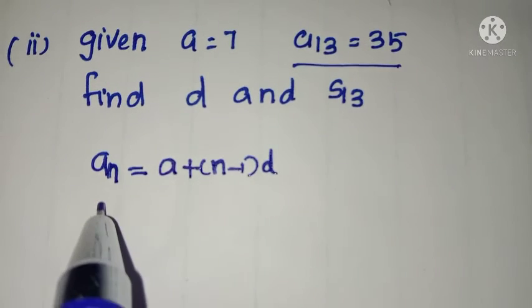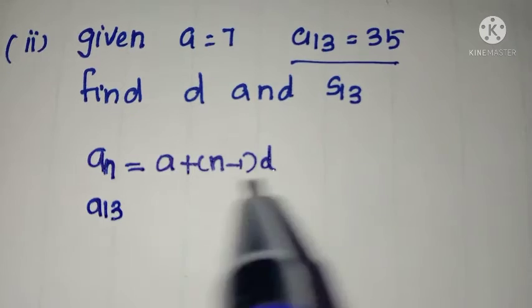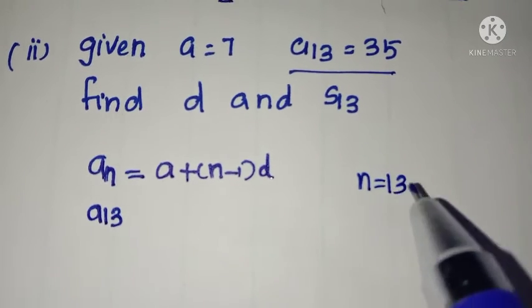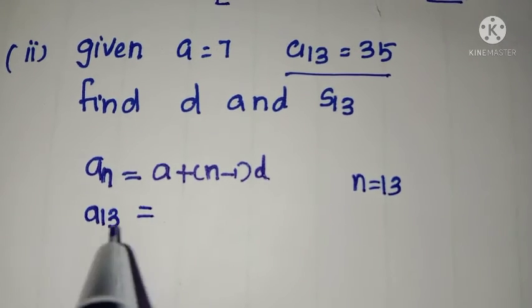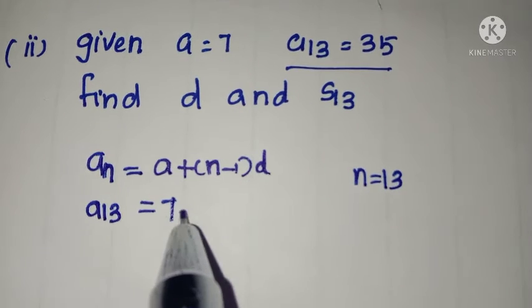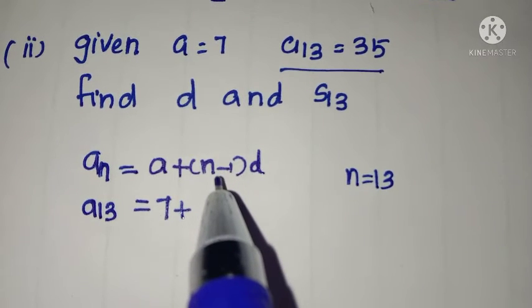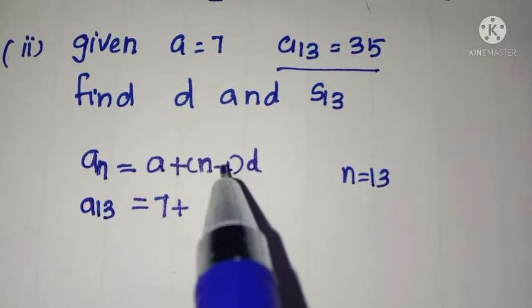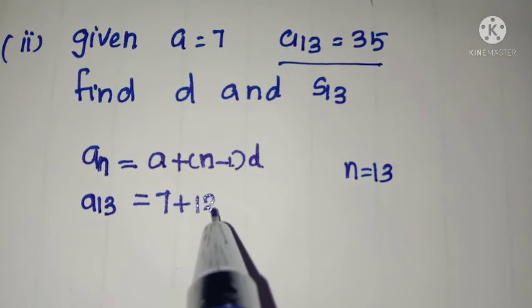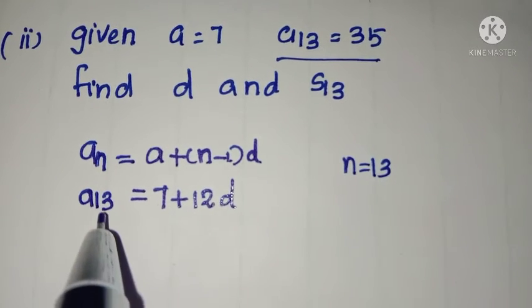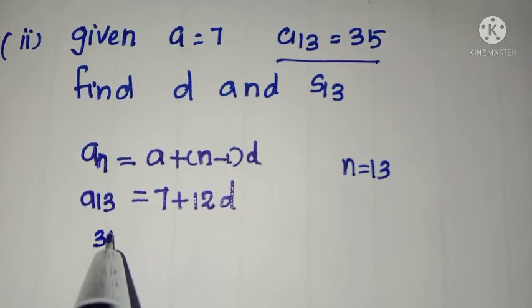Here a13 is given, that is n equal to 13. So replace a13 equal to a, that is 7 plus n minus 1, 13 minus 1, that is 12 into d. What is a13? 35.